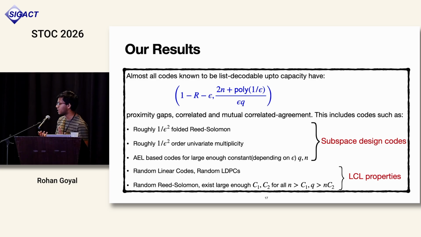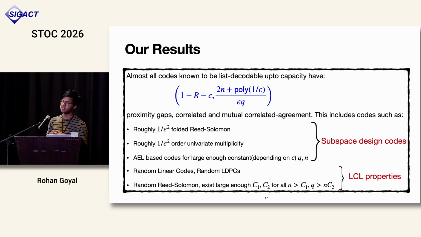But a completely random linear code can never be a subspace design, in the way that I've said. But we prove results for them as well. They are through this connection of local LCL properties, local coordinate-wise linear properties.